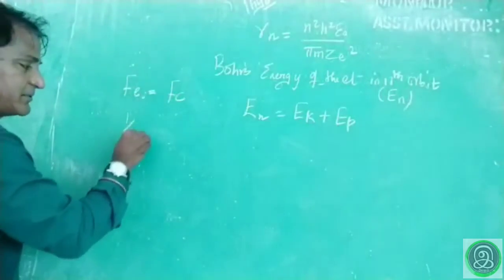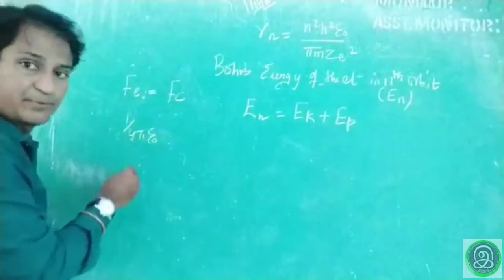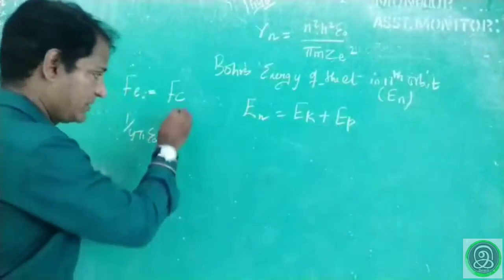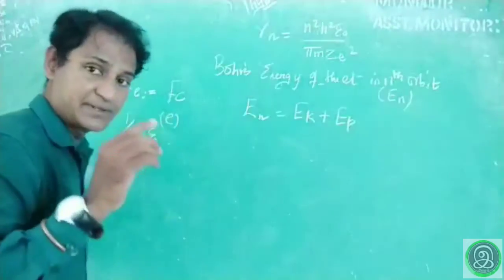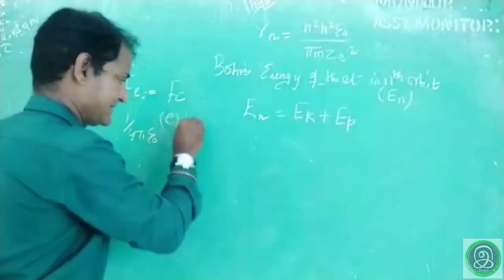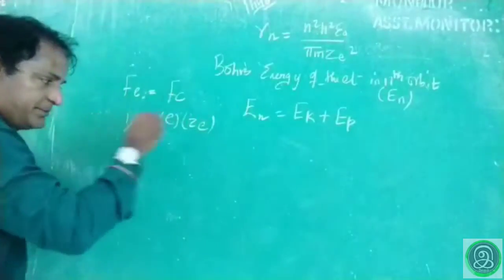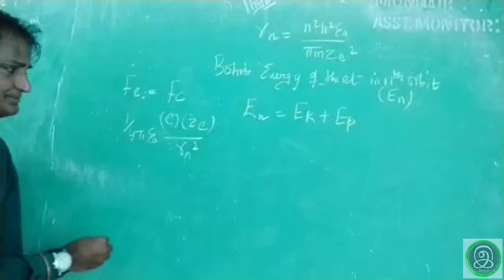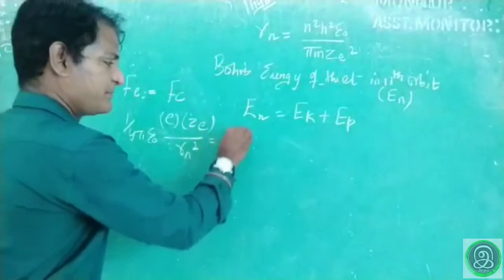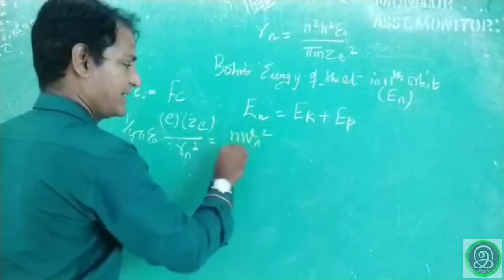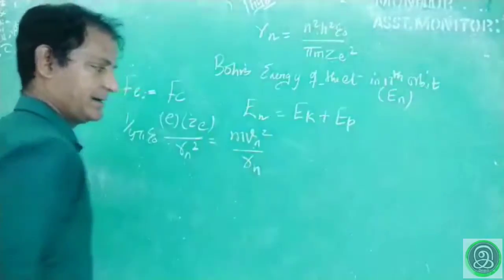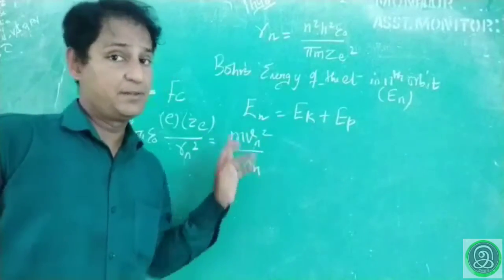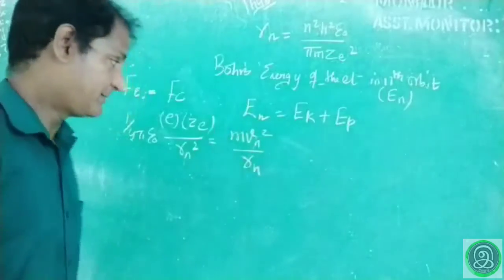Here the electrostatic force is 1 by 4 pi epsilon naught, Q1 is the charge of the electron, that is e, Q2 is the charge of the nucleus, that is Ze, over Rn square, equal to m Vn square by Rn, where Vn is the velocity of the electron in the nth orbit and Rn is its radius.